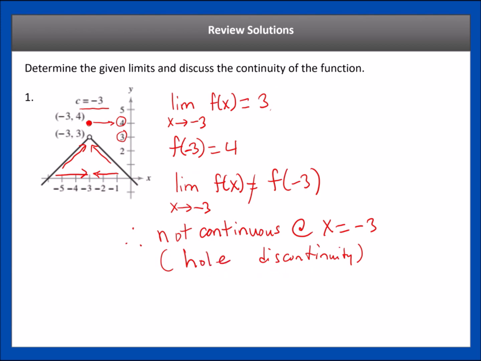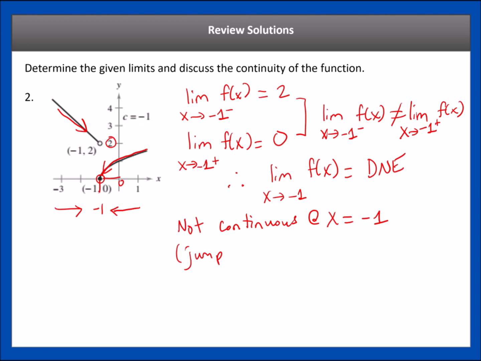There's a hole there, which is usually removable if you redefine it, but I'm just going to call it a hole to be unambiguous. And this one is a jump discontinuity. You can tell because the one-sided limits do not agree, so it's jumping between two different values.